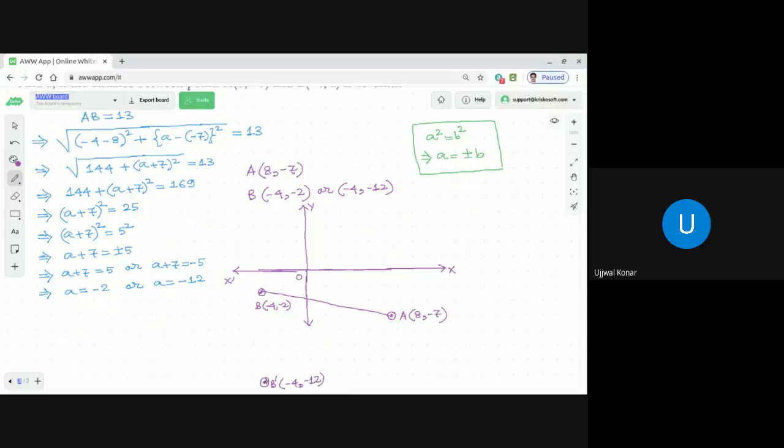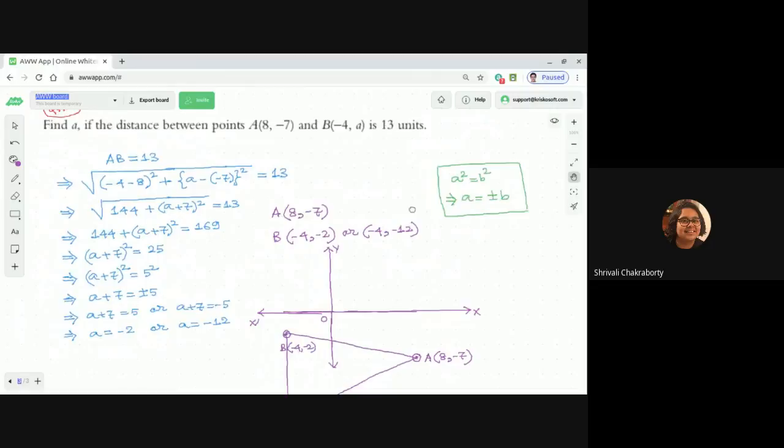Now as Monisika very correctly said, it can be an isosceles triangle. That is why it is possible to have two different values of a. Is it absolutely clear, dear students? Yes, sir. Not only should we solve this problem algebraically, it is also very important to know its geometrical significance.